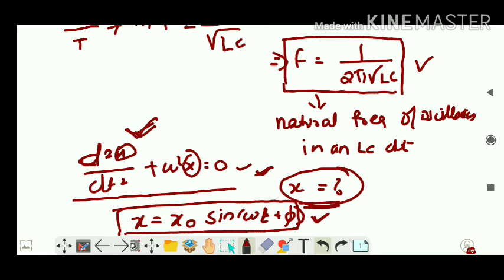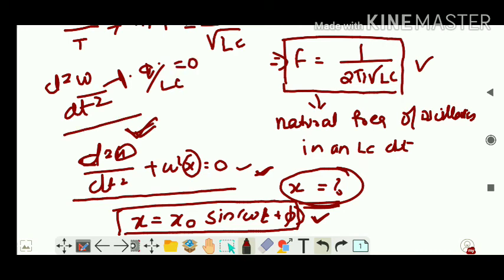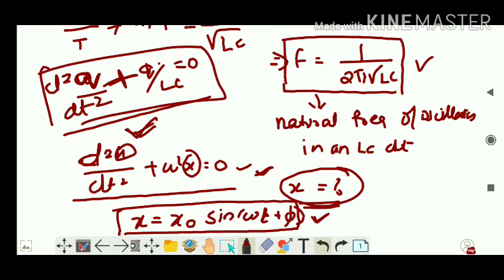So now when you compare this equation with the one we wrote earlier, d squared q by dt squared plus 1 by LC times q is equal to 0, if I solve this expression, I will get the value of q.